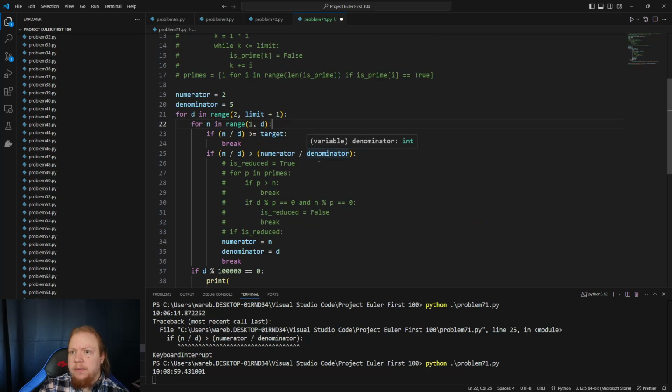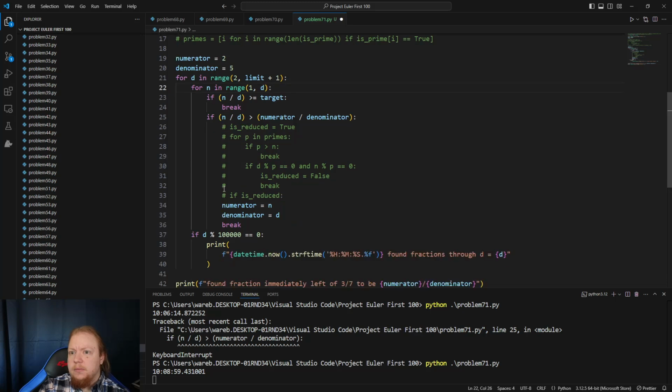So what we actually want to do is look at the ends that are relatively prime to D instead of just any of them.